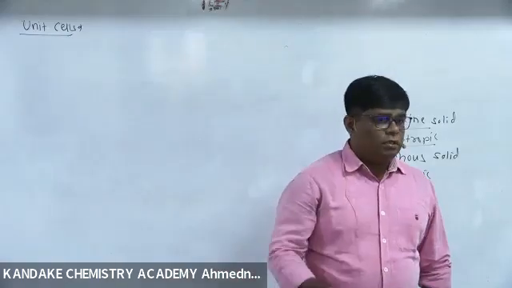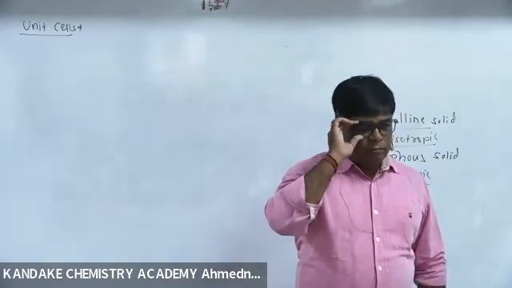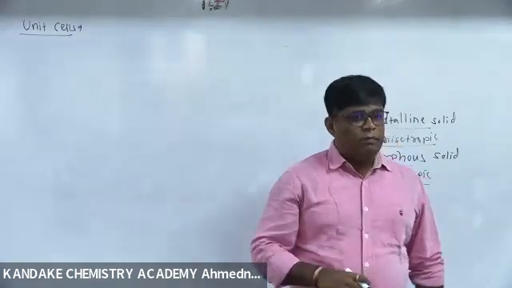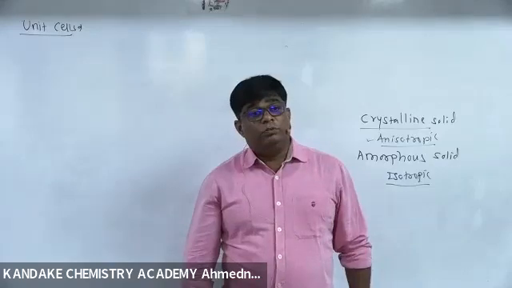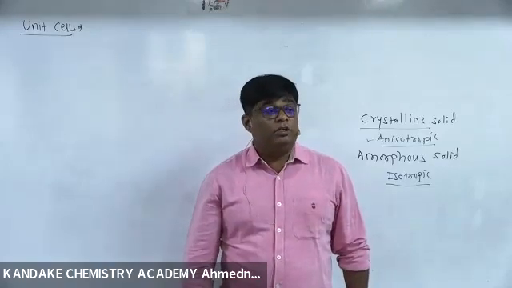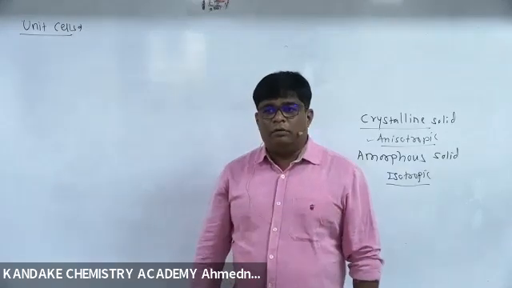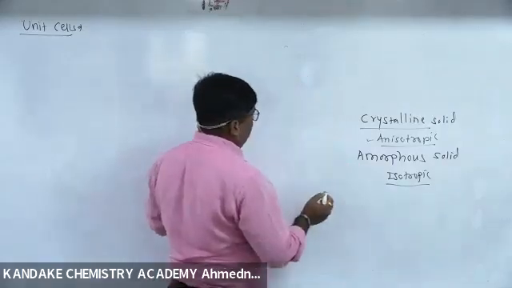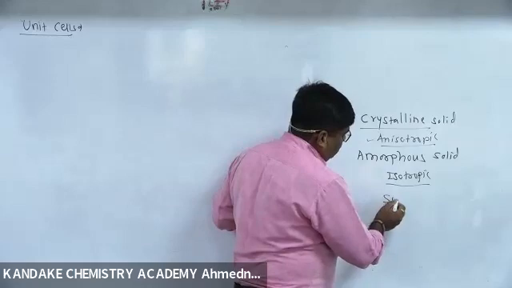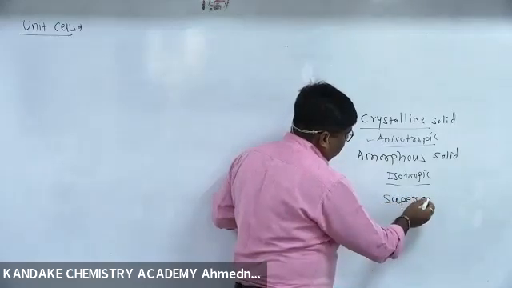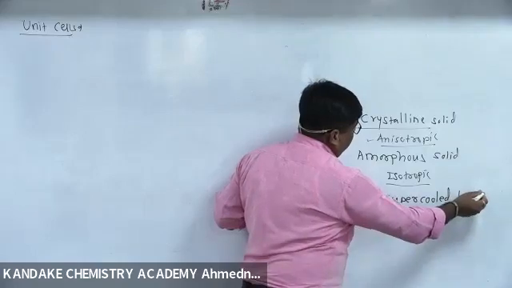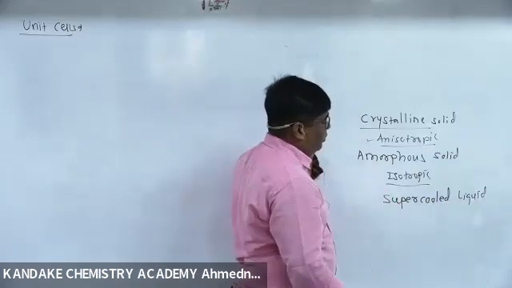Crystalline solids are called pure solids, while amorphous solids are called supercooled liquids or pseudo solids. You know why they are called supercooled liquids. Why is amorphous solid a supercooled liquid?